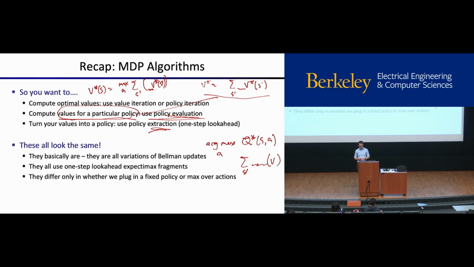They do all look the same, but they all use this common language. And so you really only have to learn the one thing, and then for all of the modifications to it, you can think through, do I want a max here or an argmax here? One will give you a value and one will give you a policy.